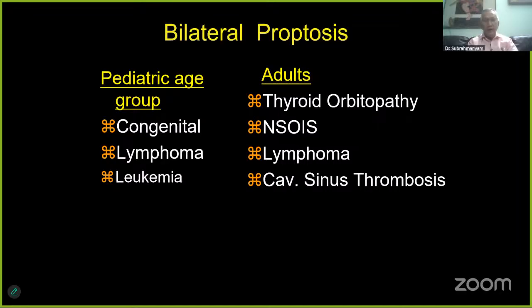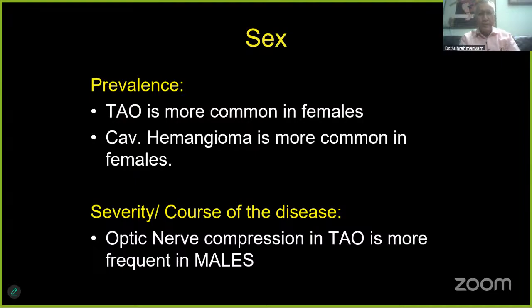Whereas among adults, the most common lesion is thyroid orbitopathy, which accounts for nearly 80% of bilateral proptosis among adults. The other things are non-specific orbital inflammatory syndrome, lymphoma, and cavernous sinus thrombosis.